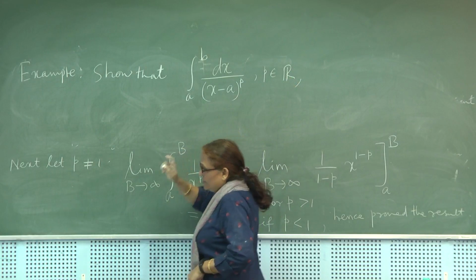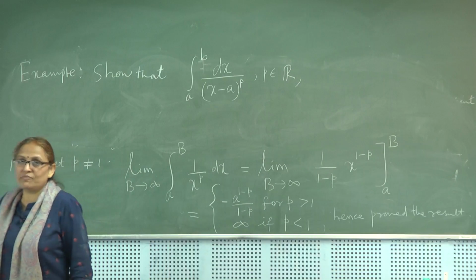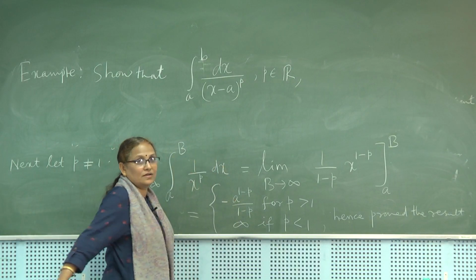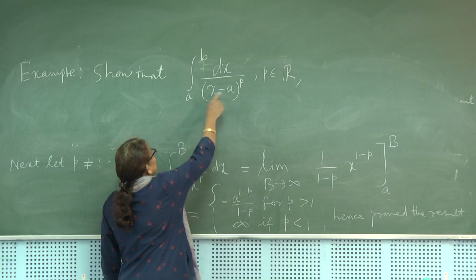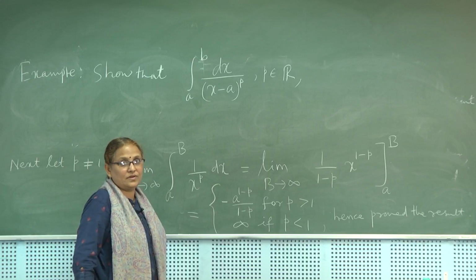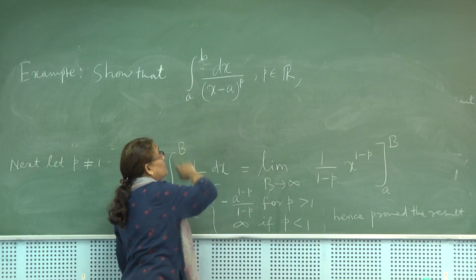When you check, this is a type 2 improper integral, because it is unbounded at this lower limit a, only at this lower limit a.